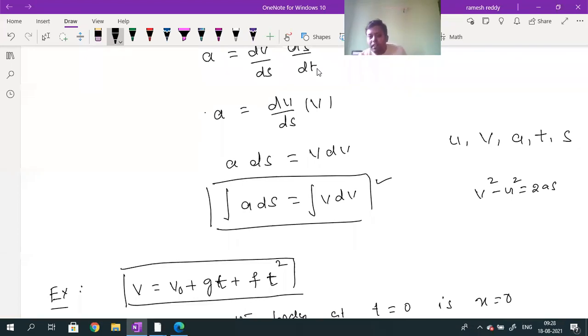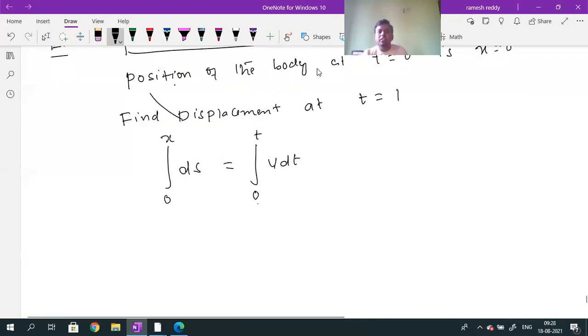Now, integration of ds with limits 0 to x is equal to integration of v, that is v naught plus g into t plus f into t square, into dt.